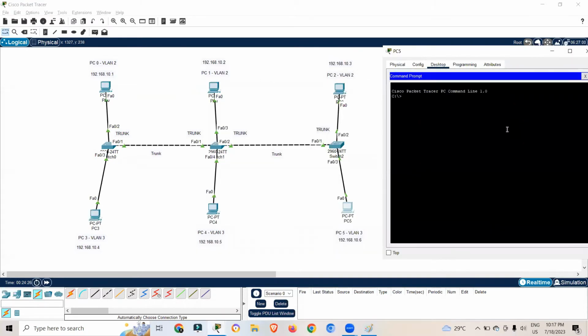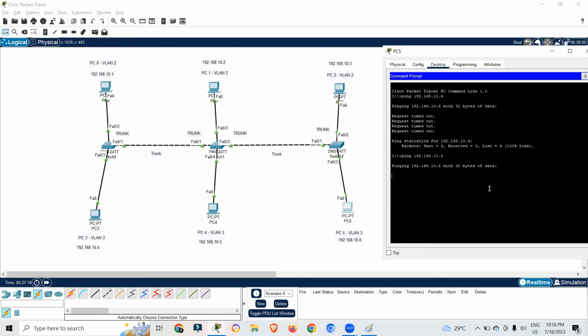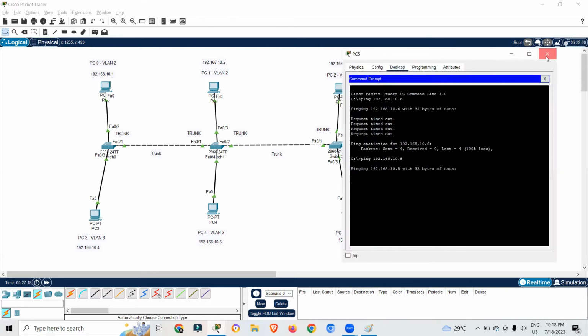Ping 192.168.10.6. These are not pinging again. Oh, sorry, that is wrong, it is 192.168.10.5. So these are not pinging, right?